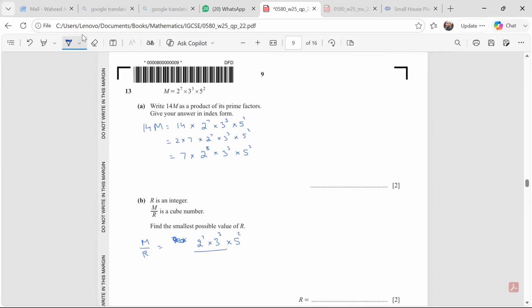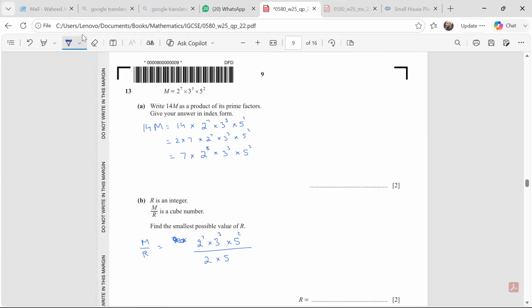What should I write here so that this thing becomes a complete cubic number? So 2 to the power 7. If I remove 2 only once, then it will become 2 to the power 6, which is a cubic thing. This 3 to the power 3 is already a cubic thing, and this 5 to the power 2 we have to remove because it is not a cubic number.